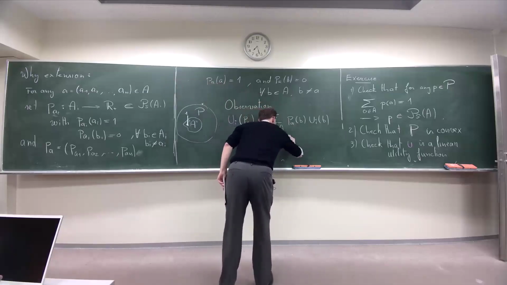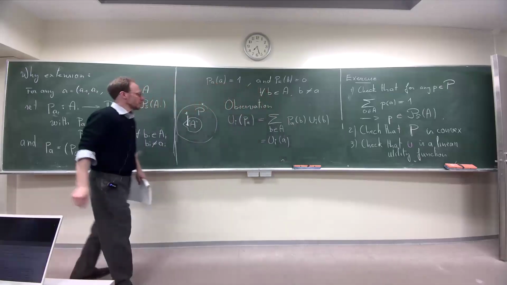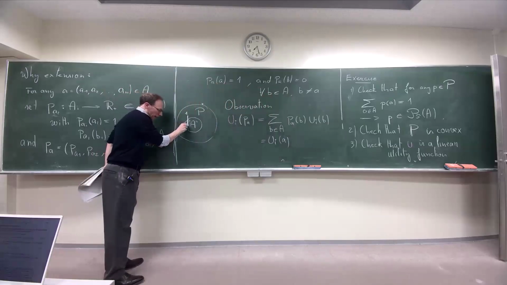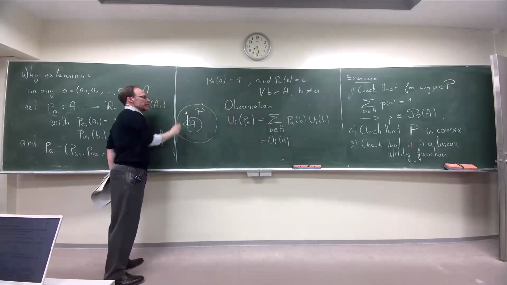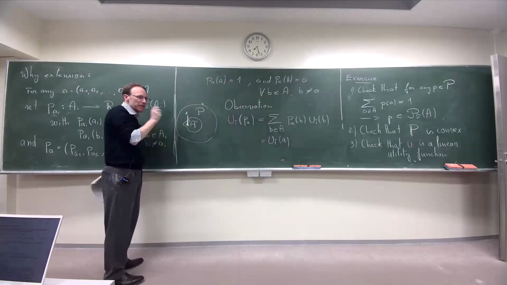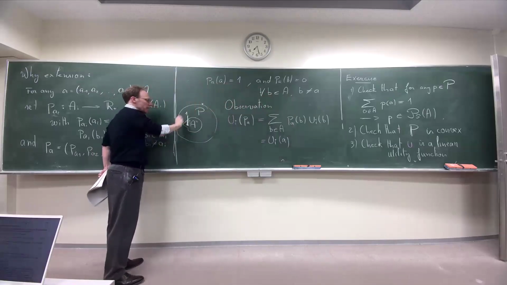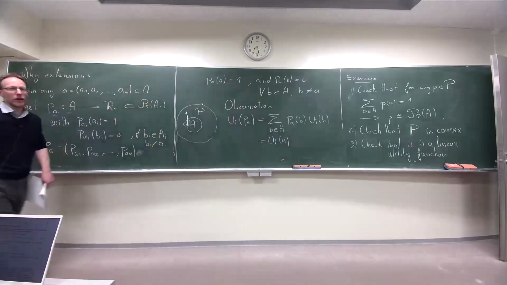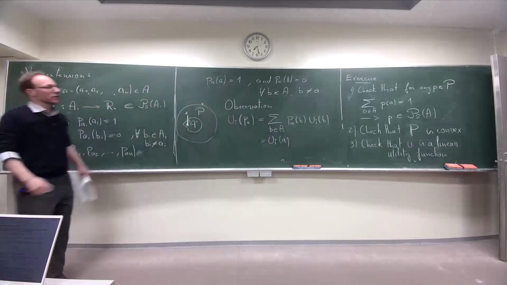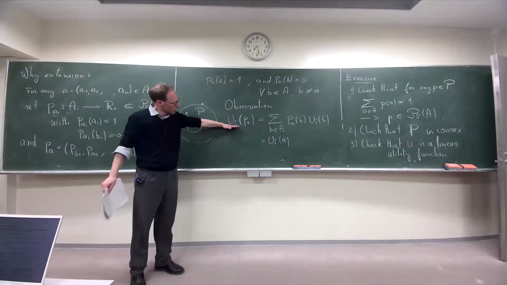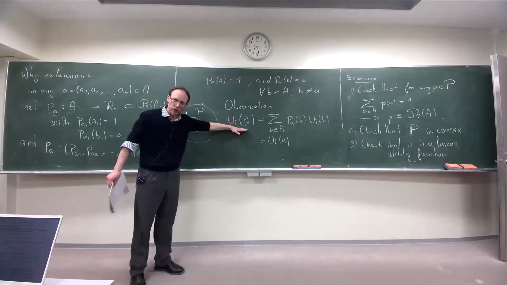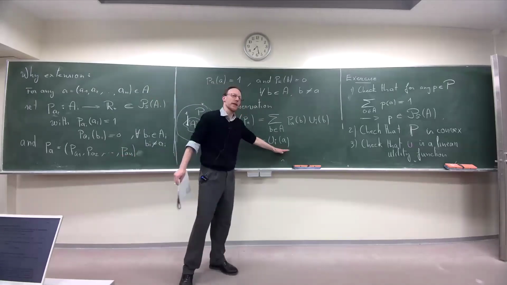UI at A, which means not only did I manage to have A inside P as a specific function which takes the value 1 at this point and elsewhere 0, but in addition, the new payoff function on this specific function is precisely equal to what I had before.